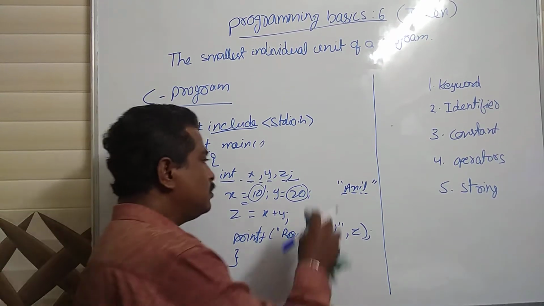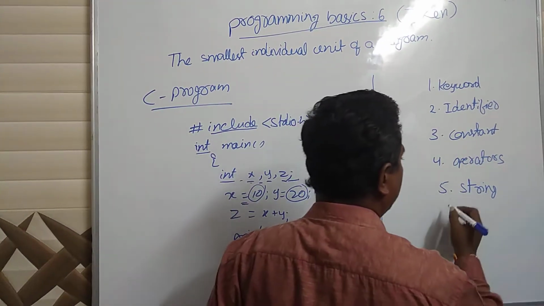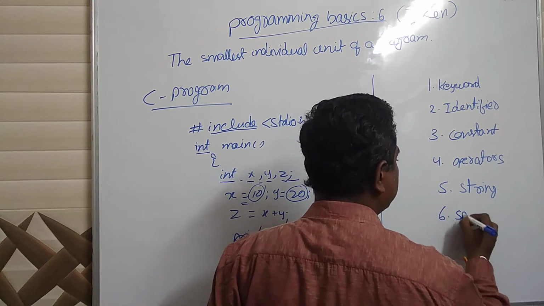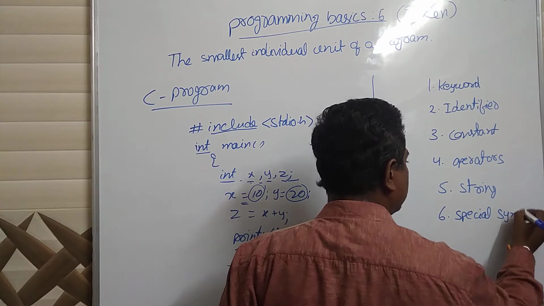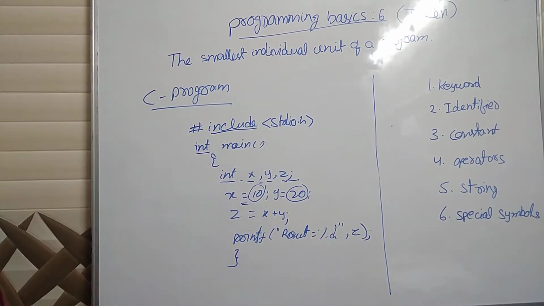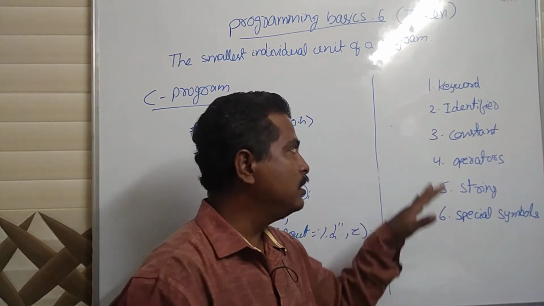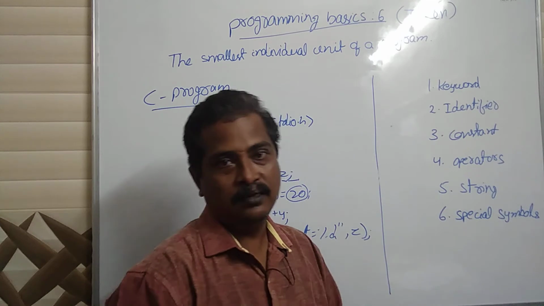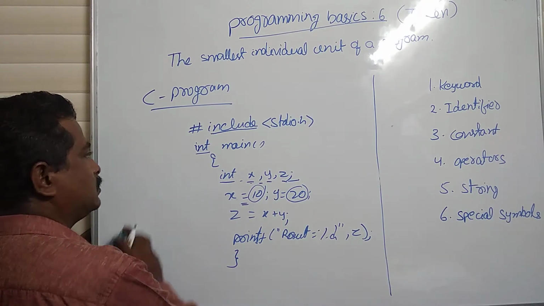So as you wish, you can tell string, no problem. Then special symbols. Whether it is C, C++, Java or Python, whatever it may be, these things are there in all the languages. So a token is divided into this many categories.